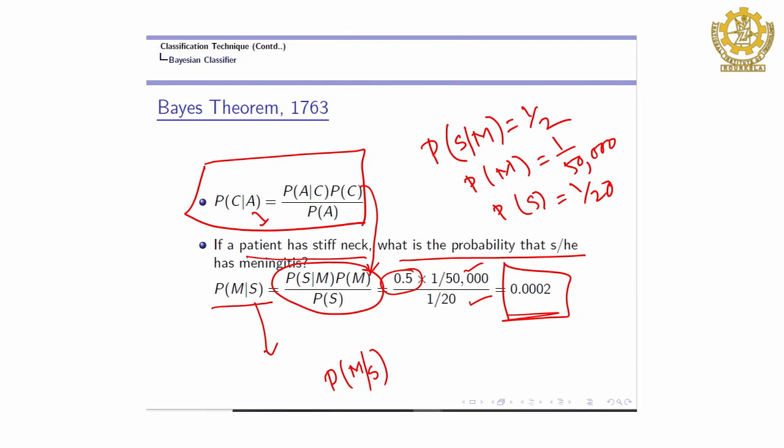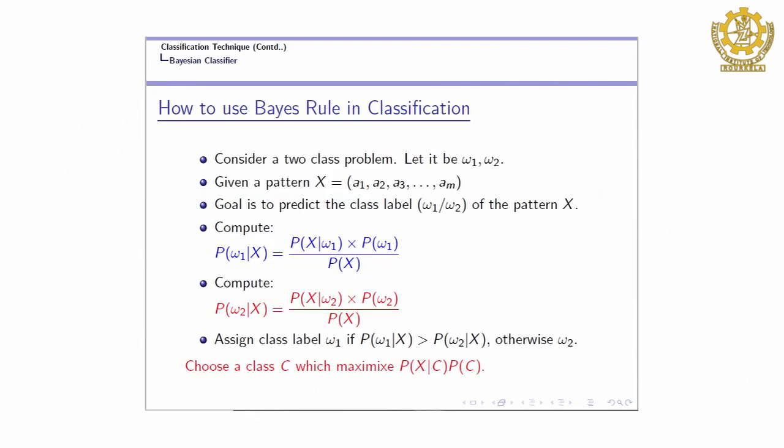Okay. Now, how can we use this Bayesian rule in finding the class level of the unknown object? So, here we go. Consider a very simple problem, that is a 2 class problem. So, the class levels are W1, W2, and what do we know? We obviously know the unknown pattern features, we do not know the class level, that is the task you have to do.